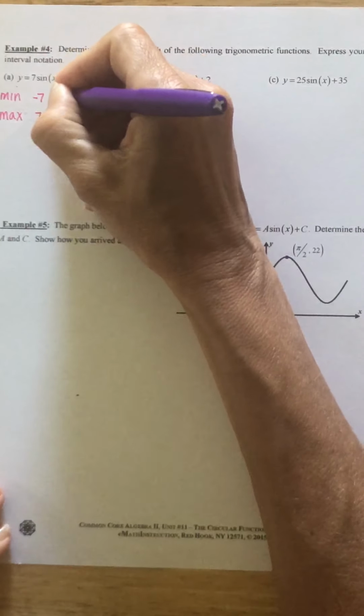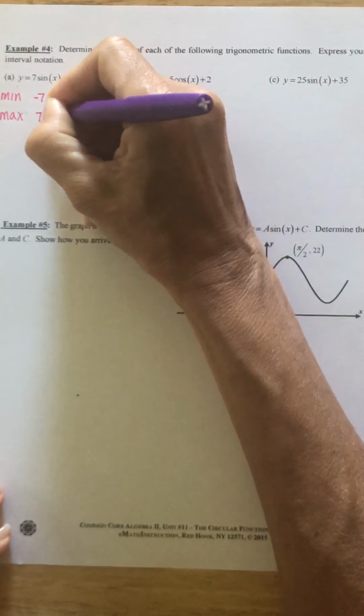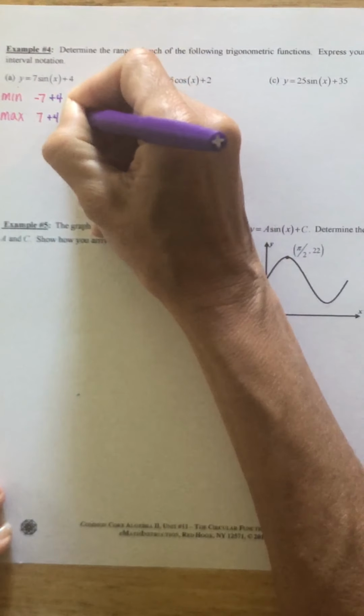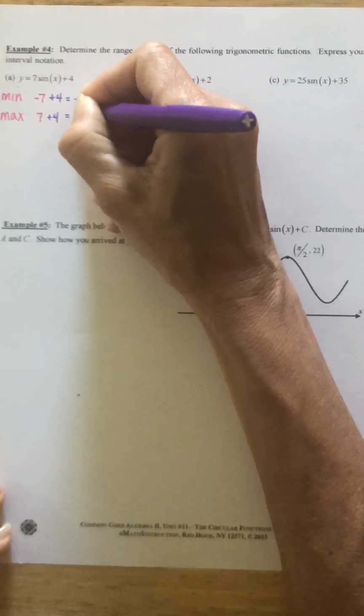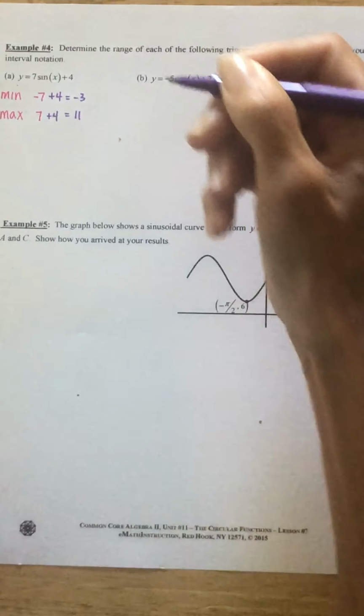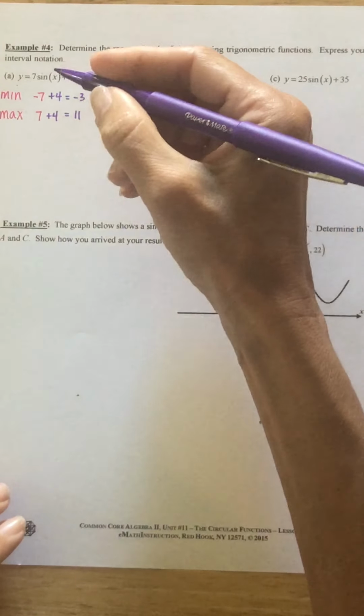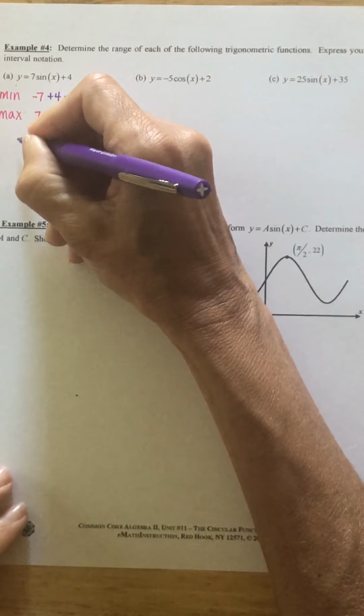So it's +4, which means you add 4 to both values, which tells me my minimum is -3, my maximum is 11. Okay, so popping that into interval notation, it is going to hit both those values. So you definitely have brackets.